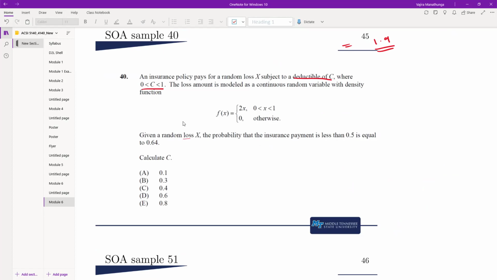Given a random loss X, the probability that the insurance payment is less than 0.5 is equal to 0.64. So this one is saying the payment less than 0.5 has probability 0.64.